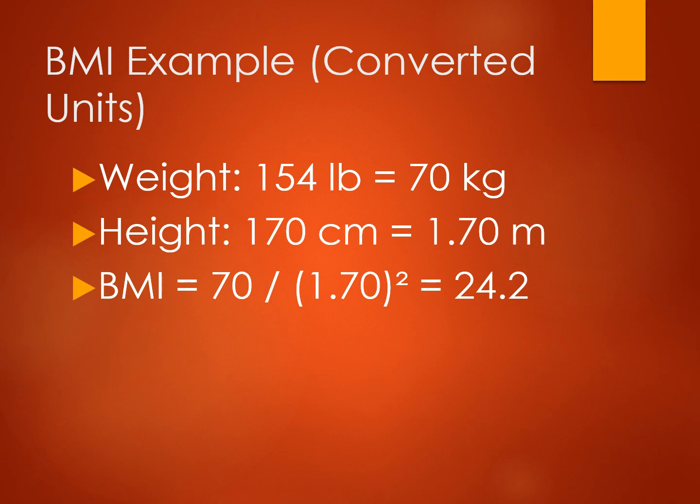So you have the weight being 154 pounds and the height being 170 centimeters. 154 pounds divided by 2.2 gives you 70 kilograms. Then the height of 170 centimeters divided by 100 will give you 1.70 meters. Then inside the formula, you have 70 over 1.70 squared, which is going to give you 24.2.